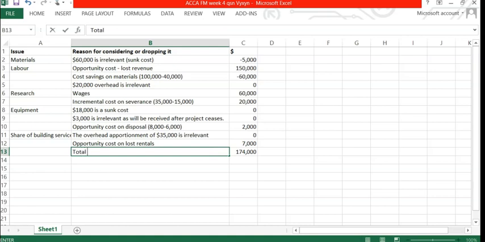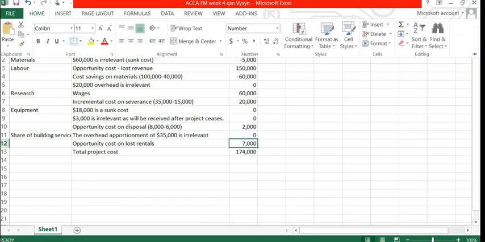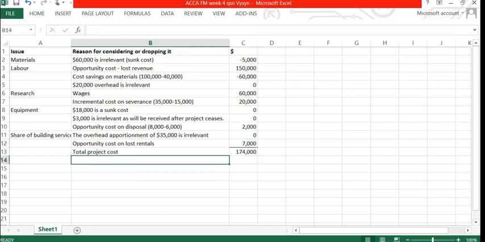All right, let us do a little bit of rounding, some formatting, underline there.